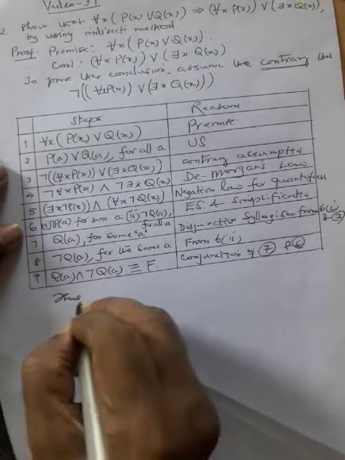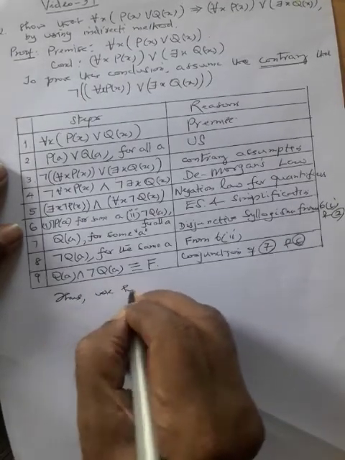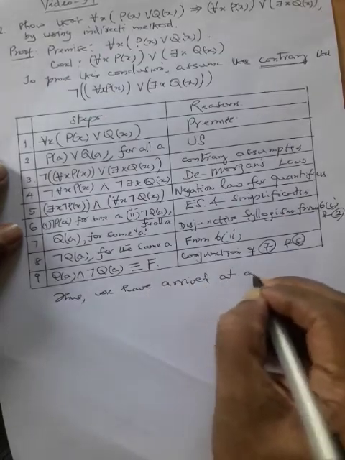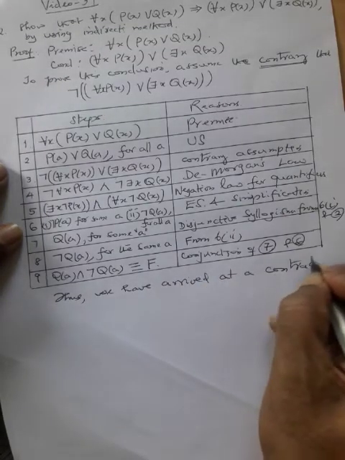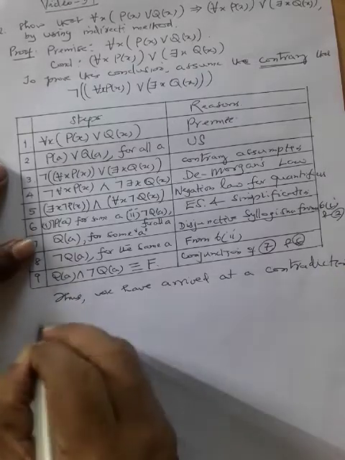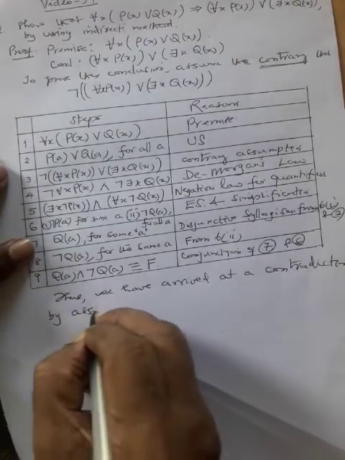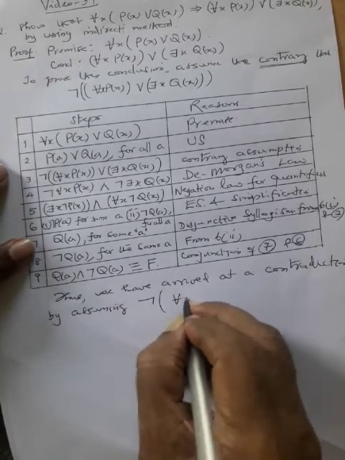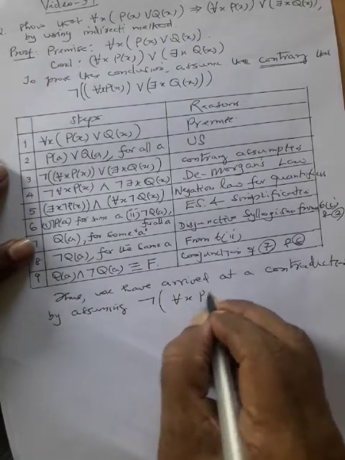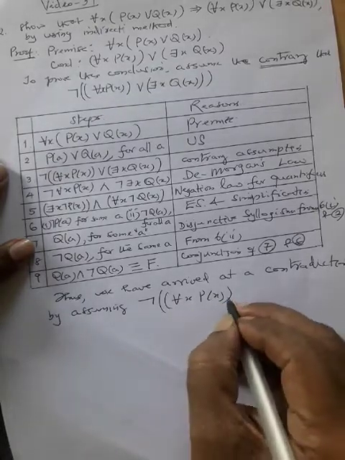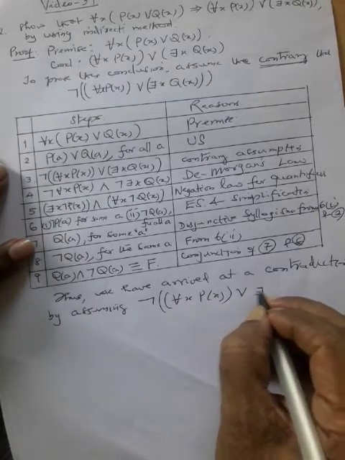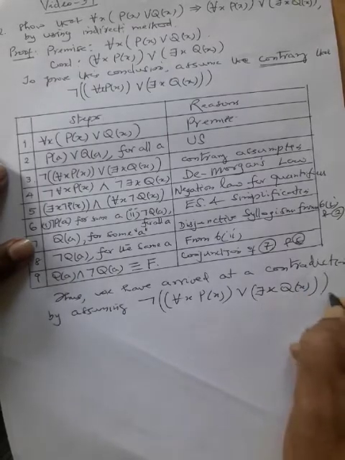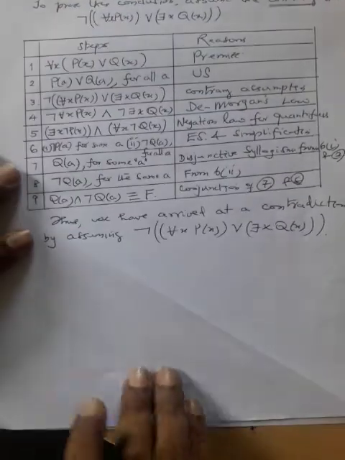Thus, we have arrived at a contradiction by assuming the negation of for every x, p of x or there exists x, q of x. So therefore our assumption is wrong.